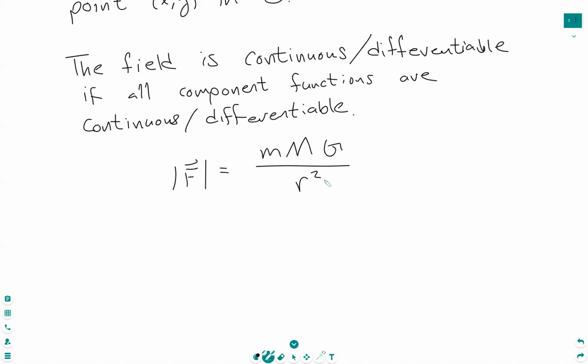So that might have been something you've seen before. You just might have written this a little bit differently, not the magnitude of some vector, but just as the force. Well, another way that we can write this is, say, with r being the magnitude of some vector x, where x illustrates the vector that points between the two objects.